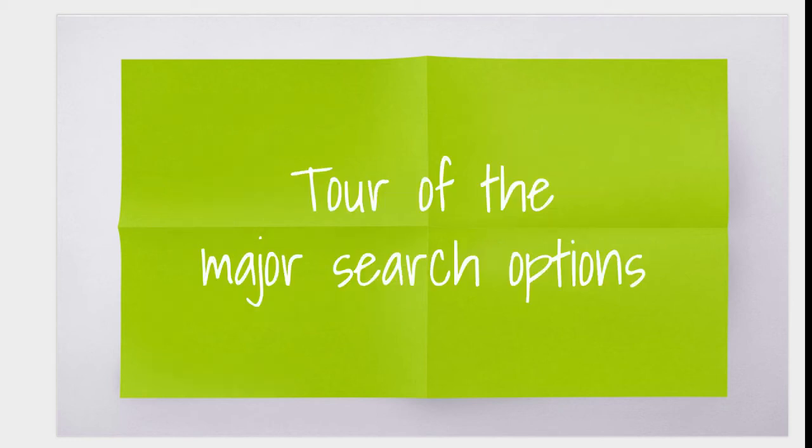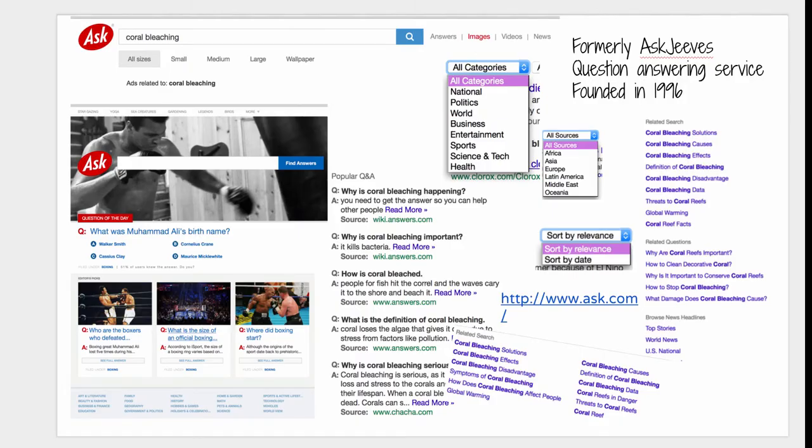So let's take a very brief tour of the major search engines with the understanding that in your discussion this week, you're going to take a far deeper dive. I'm just introducing some. So you may have heard of a lot of these. Ask.com, or as I think it's called now, Ask, is really a question answering service. It was founded in 1996.